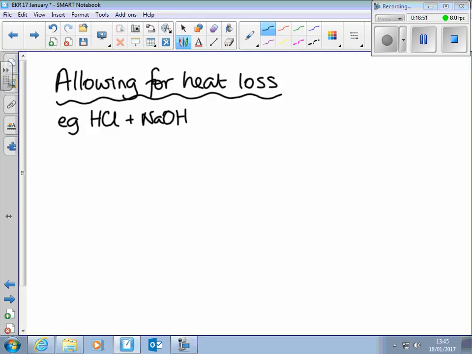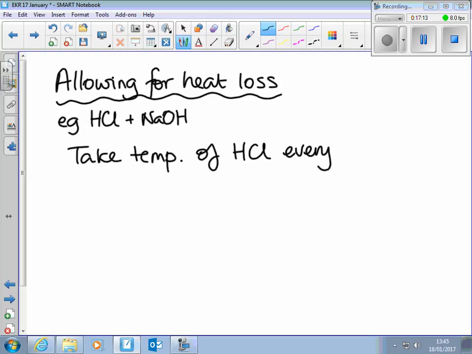What you did, just as a reminder, you measured the temperature of the hydrochloric acid, it could be every 30 seconds or every minute for 2 or 3 minutes to start with, to make sure it was at a stable temperature. So if we started with, let's say, the hydrochloric acid, and let's say we measure it every 30 seconds for, let's say, 3 minutes.